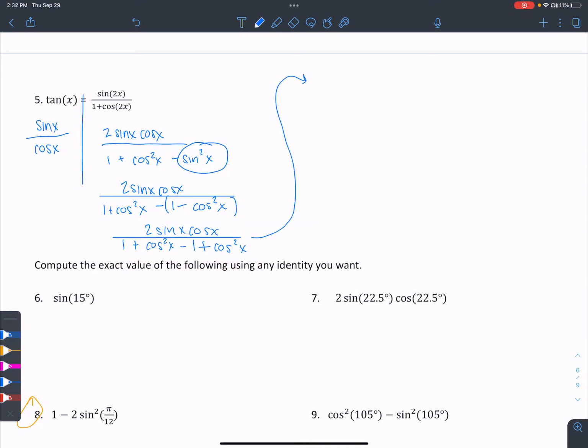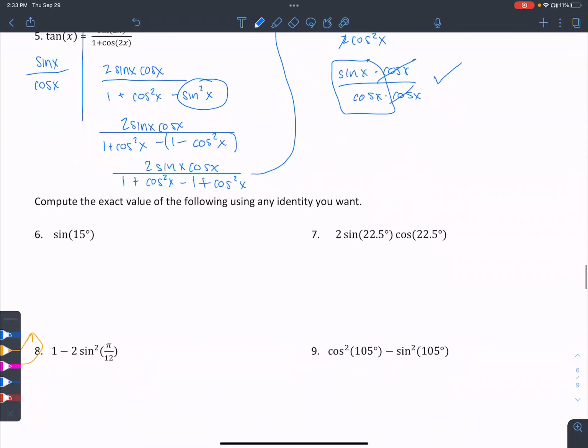All right, and then on the bottom, those ones are going to cancel, and I am going to combine those 2 cosine squareds. So the 2's cancel. This is sine x times cosine x over cosine x times cosine x, and then those go away. So we have sine over cosine, which is what we wanted.